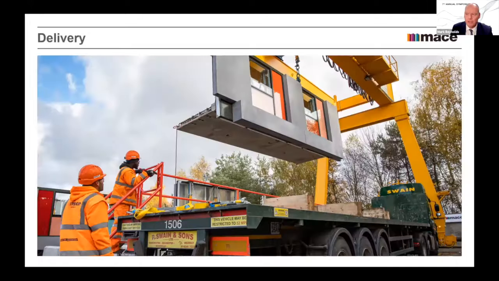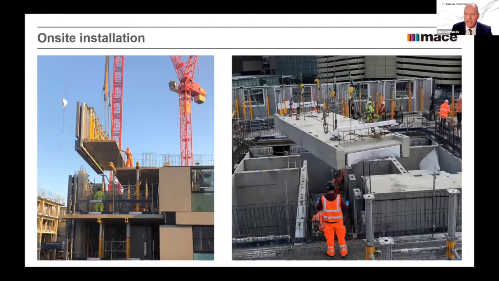It's delivered to site in a normal way on the back of a low loader, and it's erected and installed. And then what we have on site is the site module going in and the prefabricated floor slab with the module going in place. We've cut down the people on site by over 60%, and it's been done much quicker.